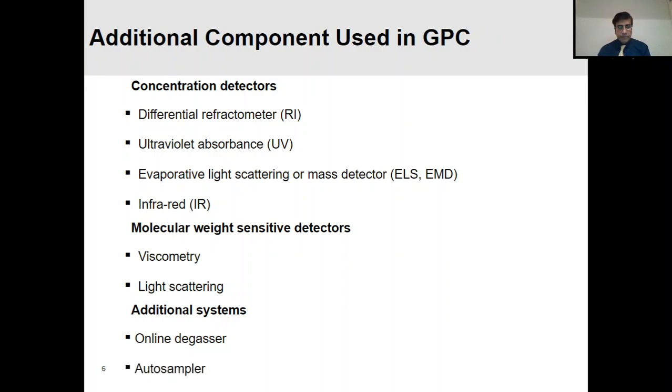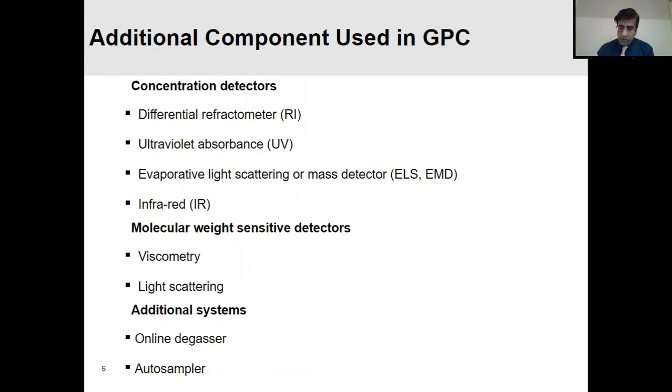Sometimes we also need to run several samples. If you do it manually, it requires too much time. So an auto sampler is also there, which can take the samples by its own, and all the samples are done automatically.